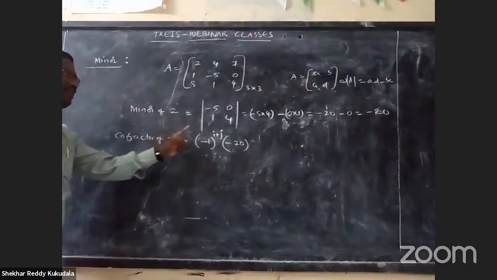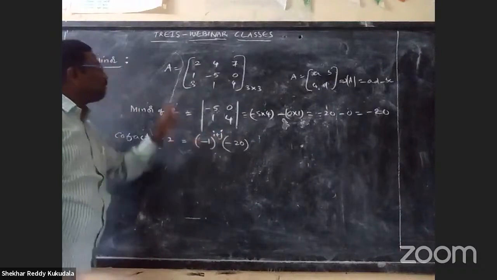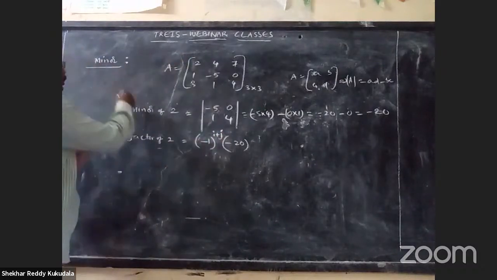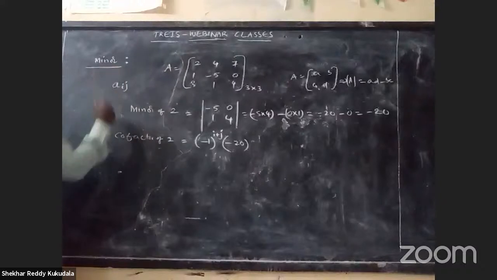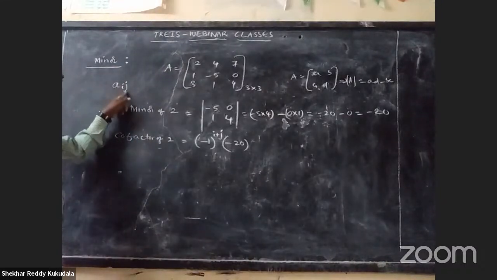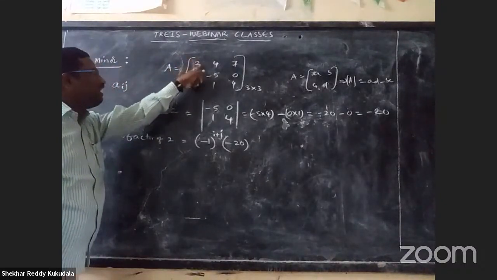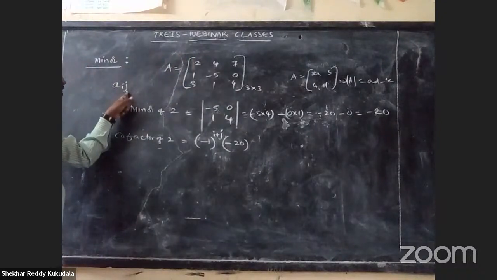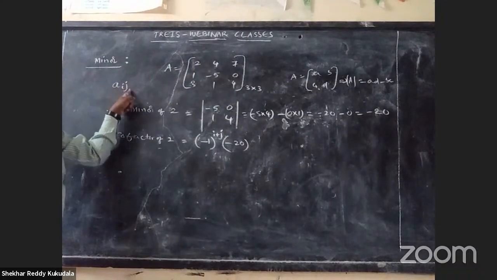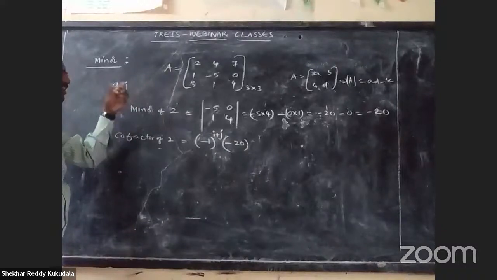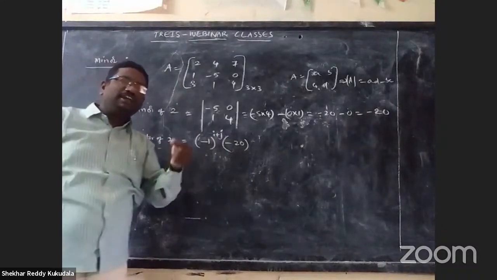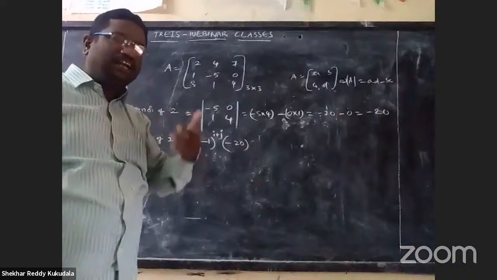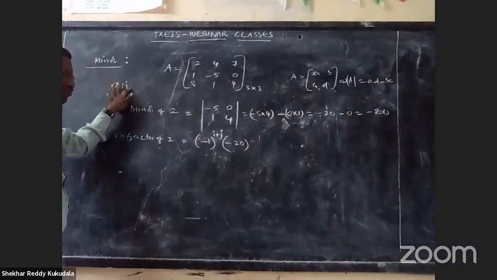Suppose the minor is minus 20 here. What is meant by i and j here? Suppose the element 2 I am assuming as Aij. So this element is in the ith row and jth column. Aij is an element which indicates its position, that it is in the ith row and jth column.